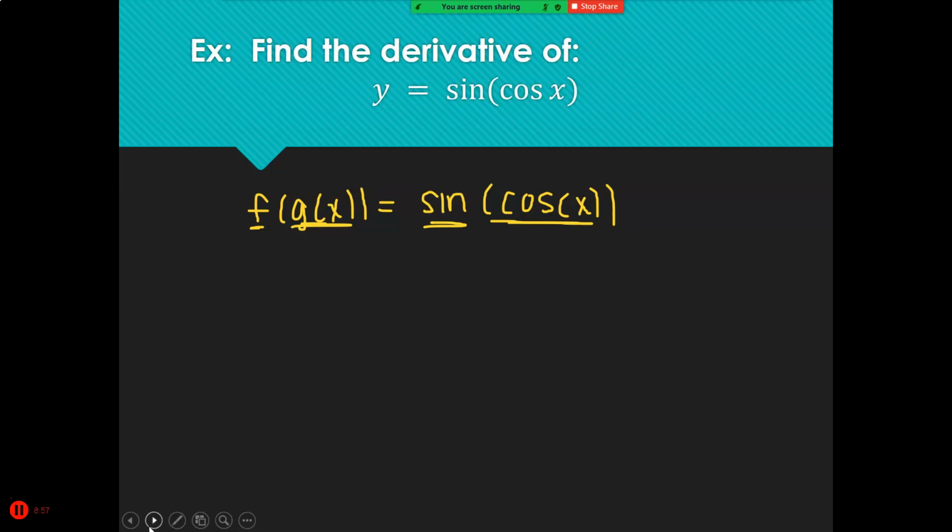That's all it is, function composition. So the derivative is outside. What's the derivative of sine? So you get cosine of cosine x. And where you have to be really careful is where you put the x's. It's not cosine x times cosine x. It's the cosine of the cosine of x.